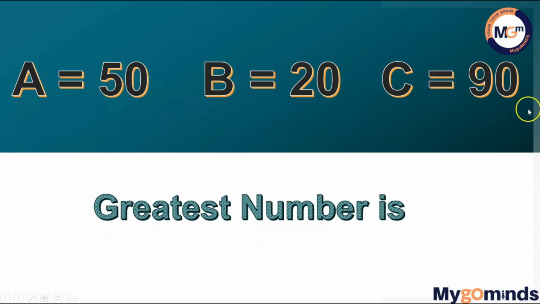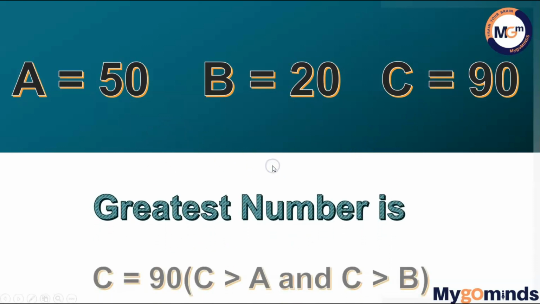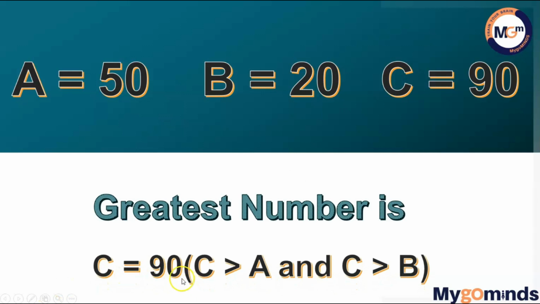How do you find the greatest number? For C equal to 90, we check C greater than A and C greater than B. If this condition becomes true, then we can print that C is the greatest number among A, B, C.